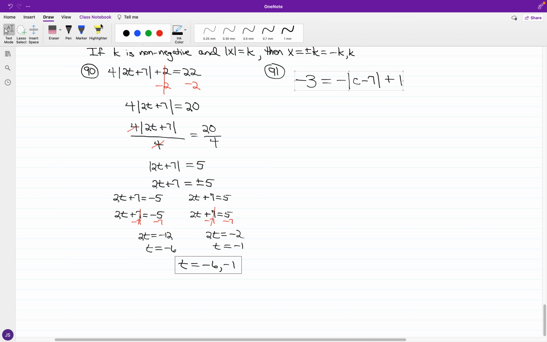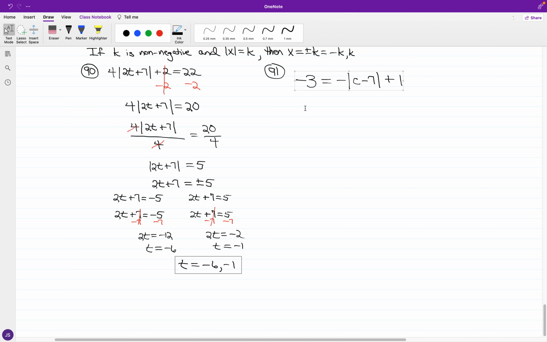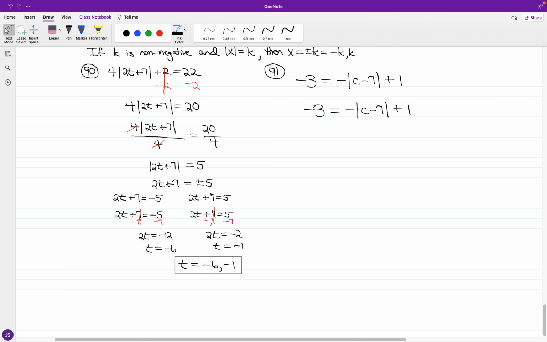And if I isolate the absolute value of c minus 7, what I can do is move at least the 1 over. So if I apply subtraction, here we have negative 3 minus 1. Okay, so I have negative 4.